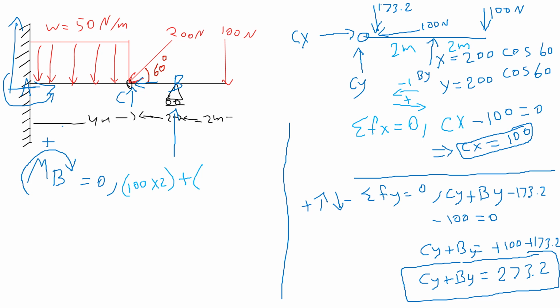So it's going to be minus 173.2 multiplied by 2, and we got a positive, because it's with the clockwise, Cy multiplied by 2.